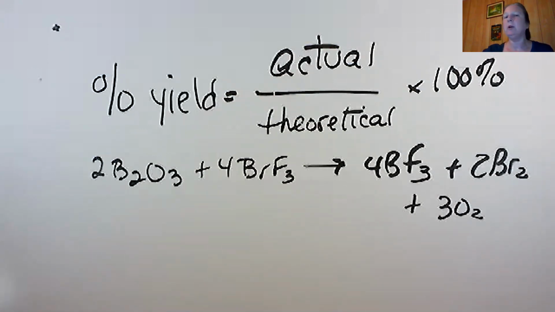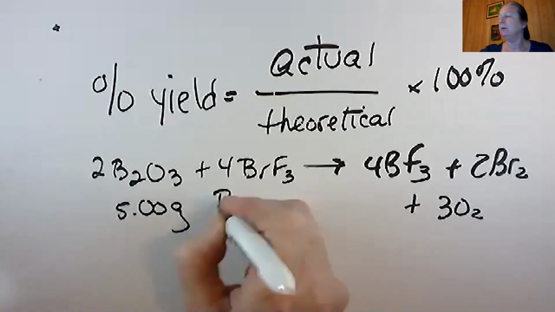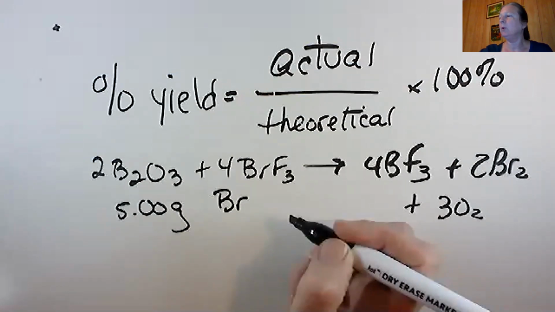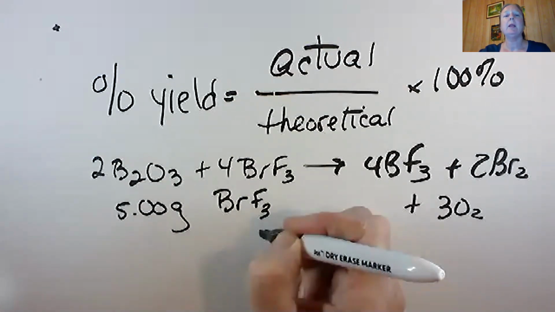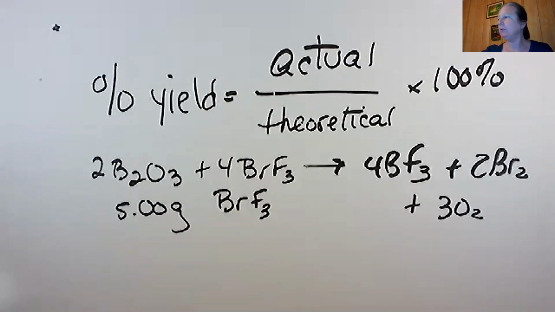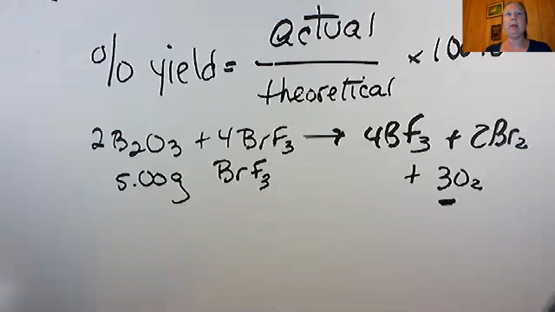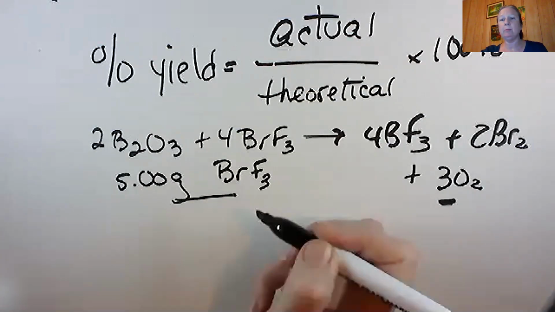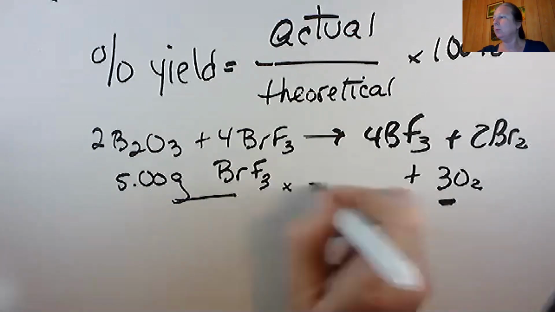If you have 5 grams of bromine fluoride, how much oxygen can you make? We want to go through the stoichiometry of that. You have to first change this to moles. Remember, we cannot do any of these conversions until we're in moles. So you use the molar mass.